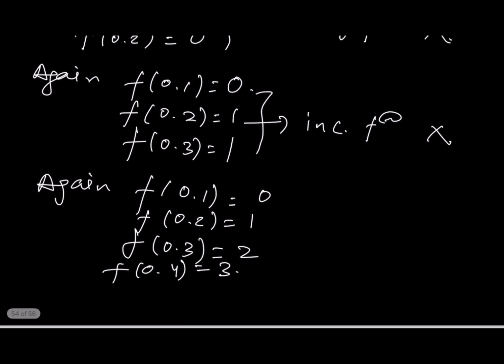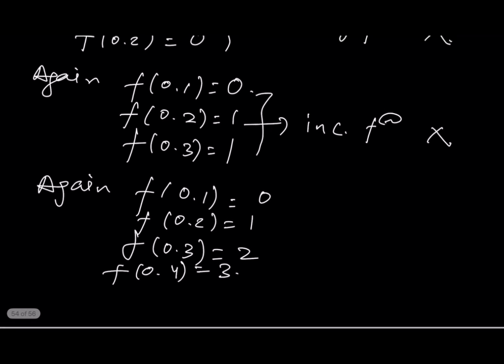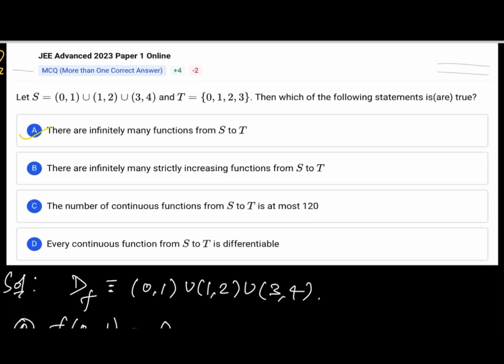There are not only these four functions, but we can see that only four values can be used at maximum in a strictly increasing nature. So option B is incorrect. This is not correct.